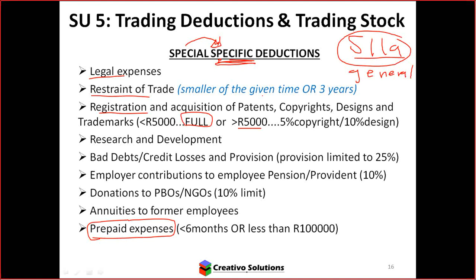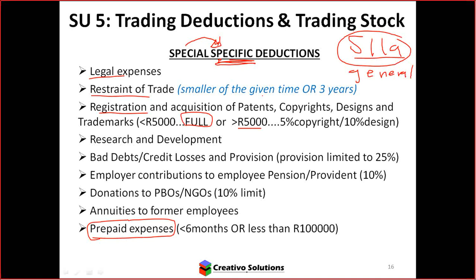Things like employers' contributions to pension or provident, you can claim 10%. Donations, you can claim within the 10% limit. We looked at that in some of the questions from last time in terms of the assignment. We'll look at more later on when we get to separate questions. Annuities to former employees, also something that we looked at as well.